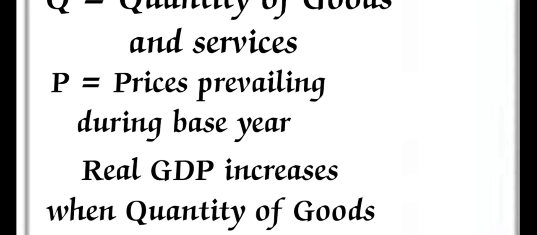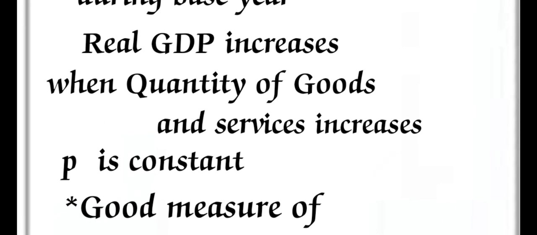Real GDP increases when Q, the quantity of goods and services, increases. Whenever Q increases, the GDP also increases. Here P is always constant because we take the prices from 2011-12, not the present year.